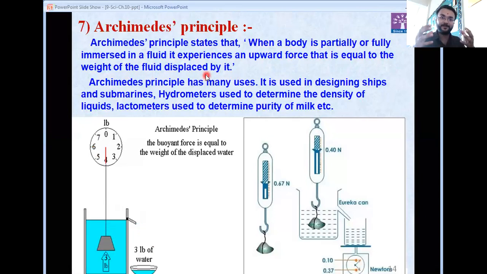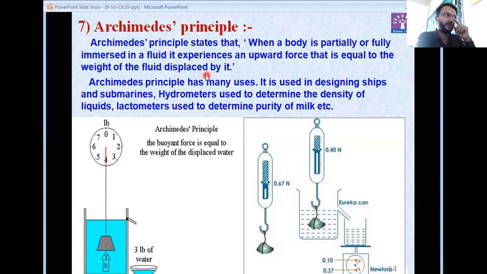Say for example, a very heavy object is thrown into a swimming pool. Then how much buoyant force will be exerted on that heavy object? Yes, according to the statement, the water that is displaced outside the swimming pool, that much force will be exerted on that heavy object by the water present in the swimming pool.